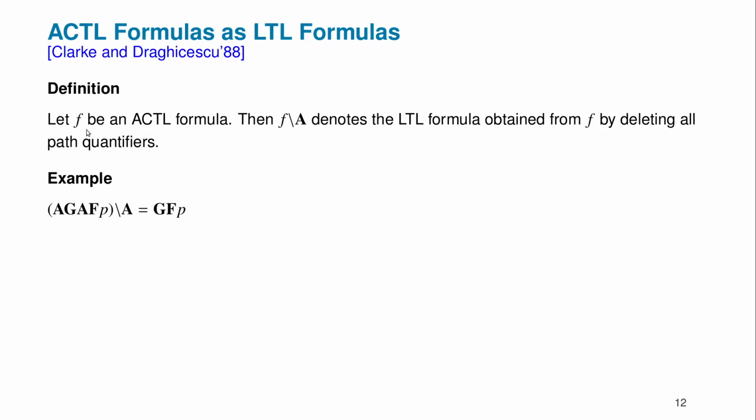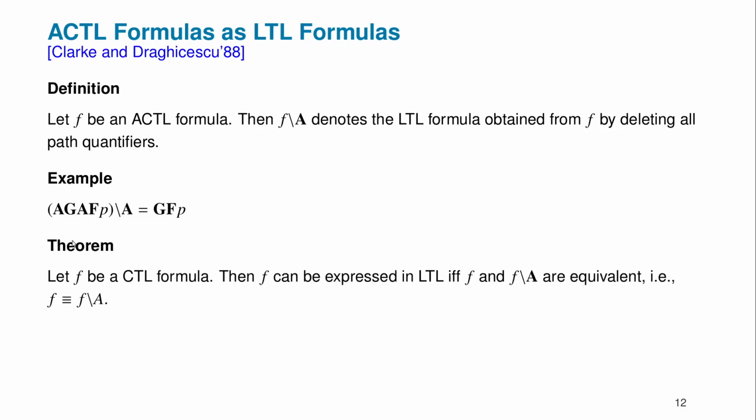And the two authors proved the following theorem. If we have a CTL formula F, then we can express F in LTL if and only if F and F without A are equivalent.